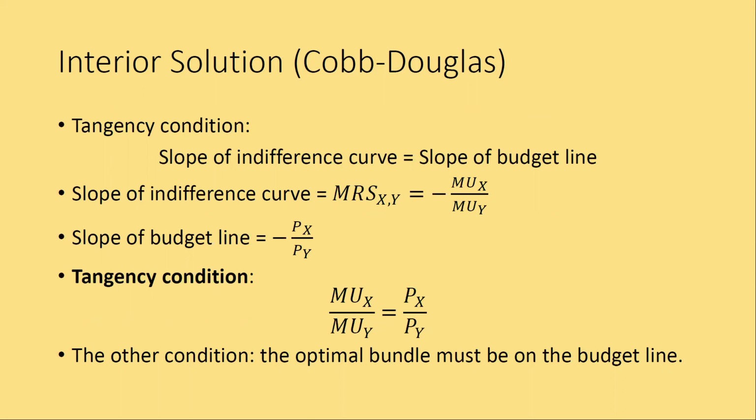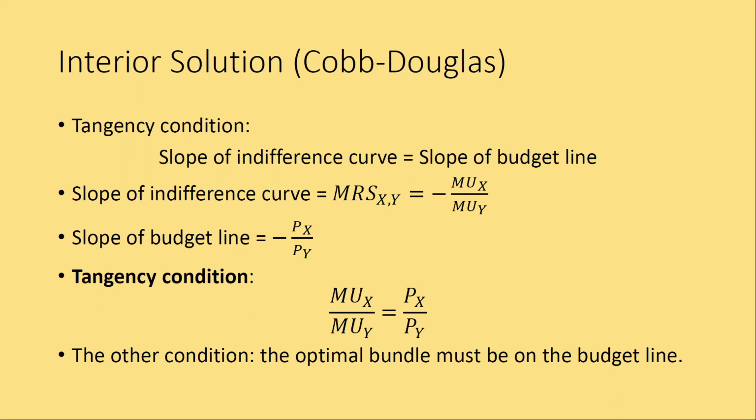We derived in previous lecture videos that the slope of the indifference curve, which has a name, the marginal rate of substitution of x for y, equals the negative of the ratio of the marginal utility of x to the marginal utility of y.